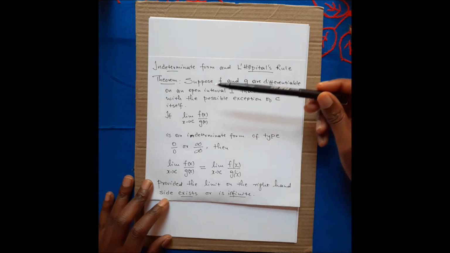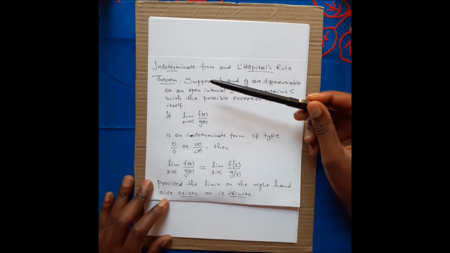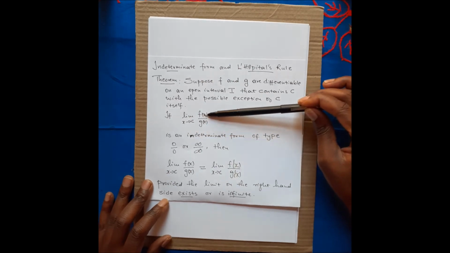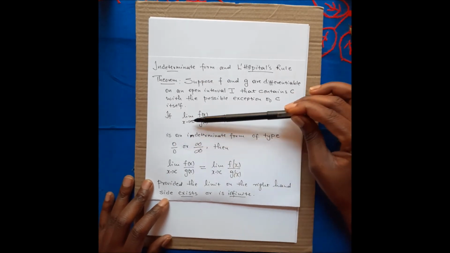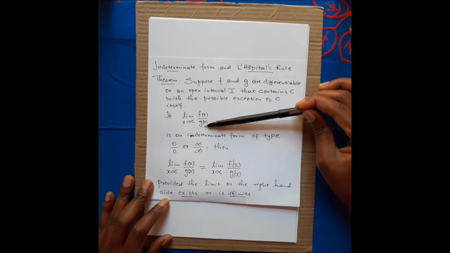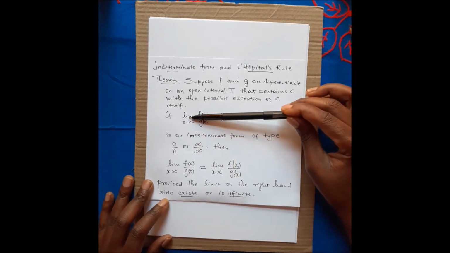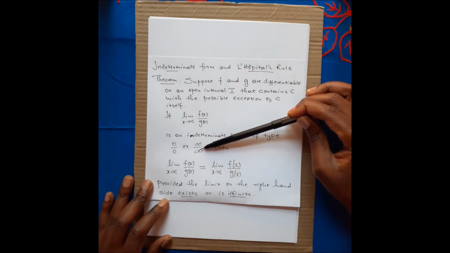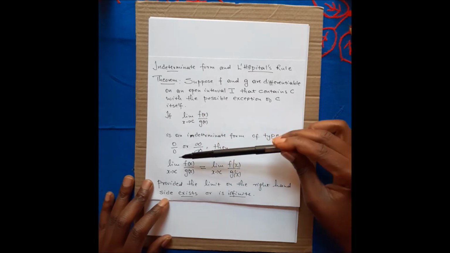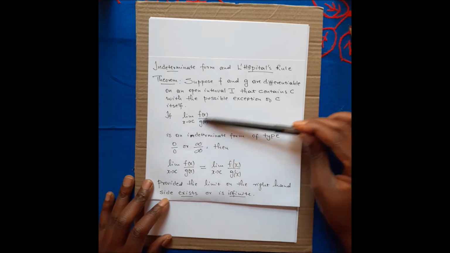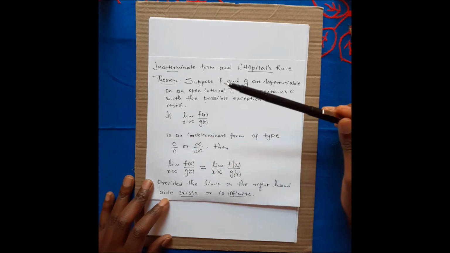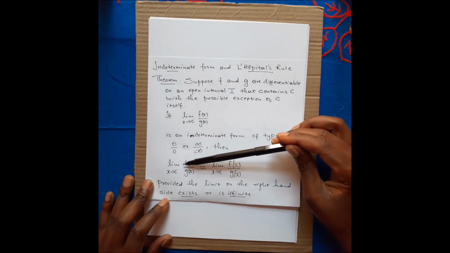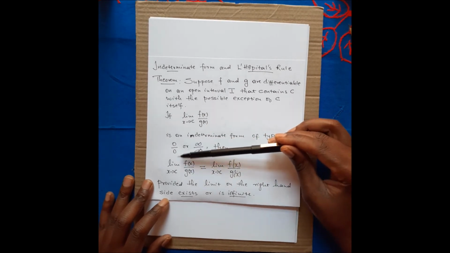So basically what we are saying is that if you do direct substitution and you get 0 over 0 when you replace x with C, or you get infinity over infinity, then the limit may exist or it may end up being infinite, but how do we evaluate that kind of a limit?